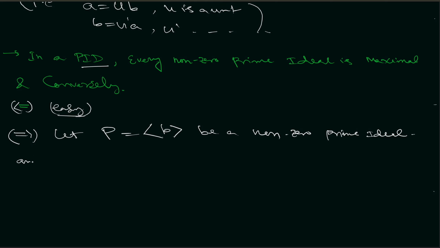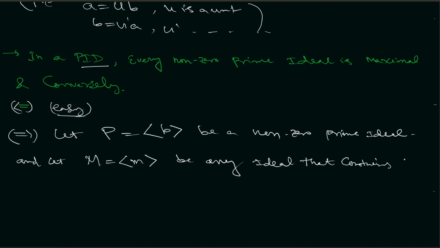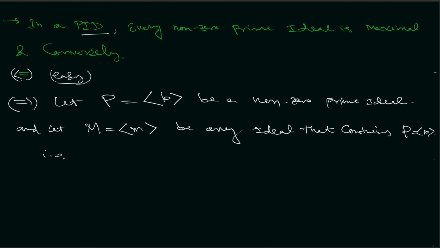And now let M, generated by some single m, be any ideal that contains P. What is my P actually? P is the ideal generated by p. That is, your ideal generated by p is contained in the ideal generated by m.